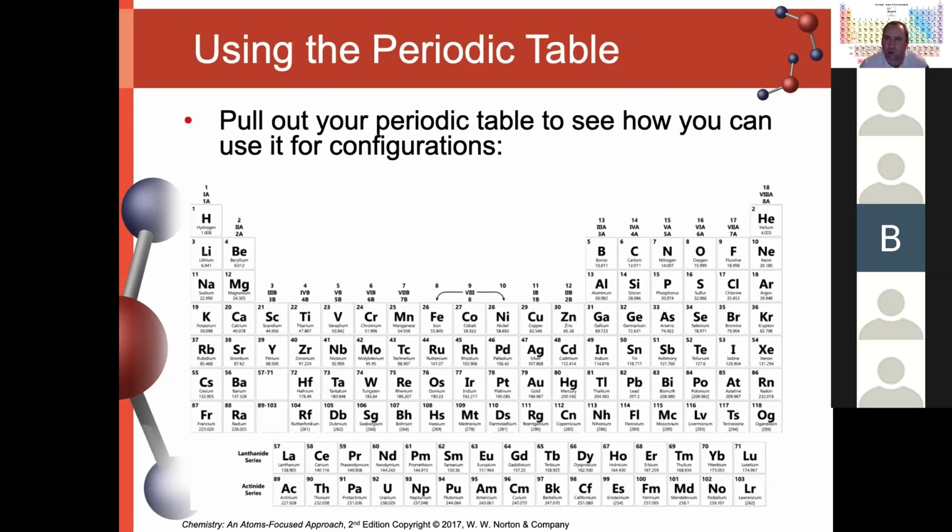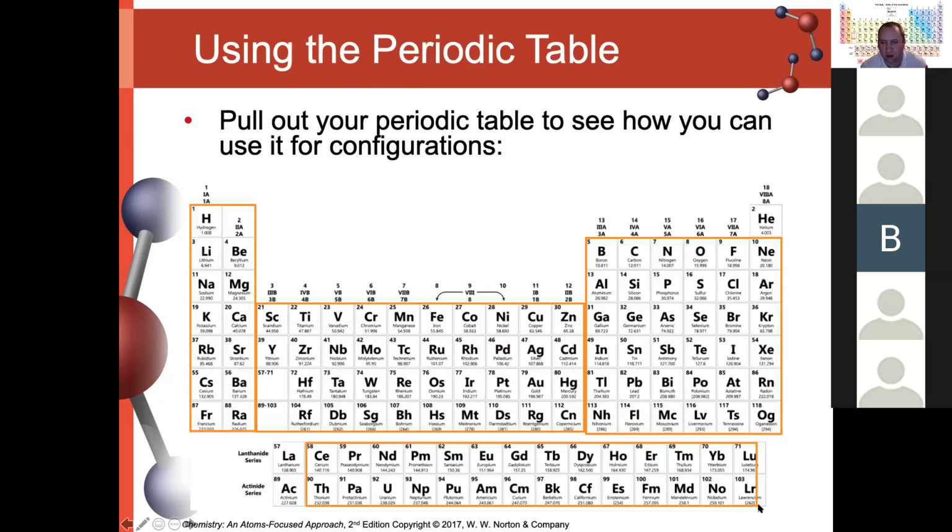Because if you look closely at the periodic table, what you should notice is that there are some groupings here that have numbers associated with them that match up with the numbering that we saw in the quantum numbers when it came to maximum number of electrons.